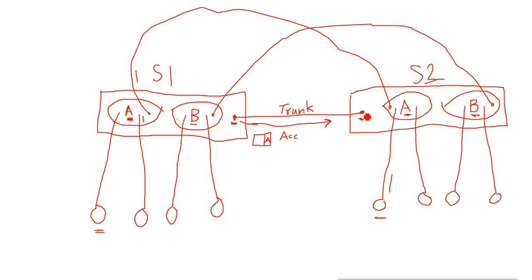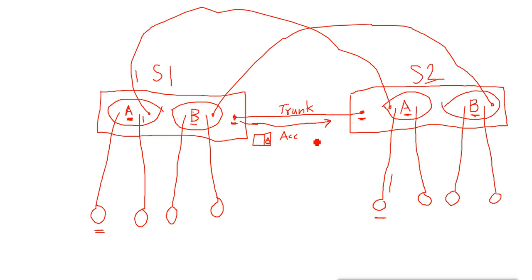It can accept the data, and it knows that the data is from a trunk port. So it can open the data and see which VLAN the data is from. If it sees A, it will send it to A. If it sees B, it will send it to B. That is the benefit of the trunk port and trunk link, because it is aware of the VLAN ID.